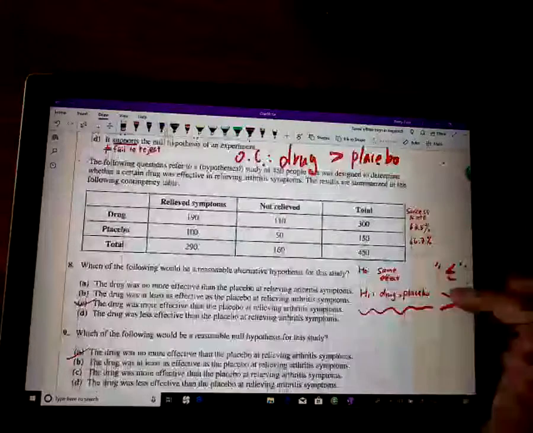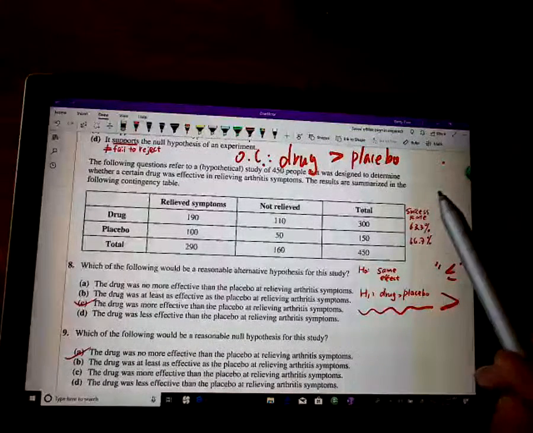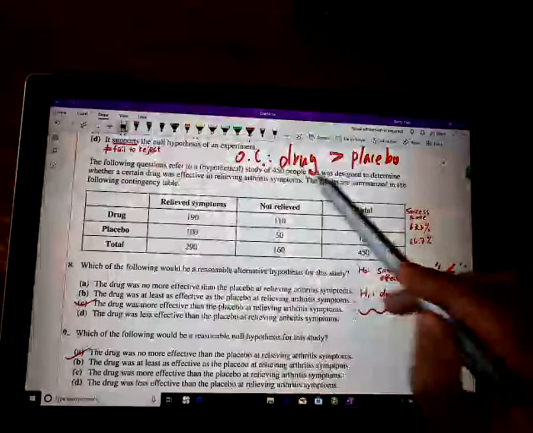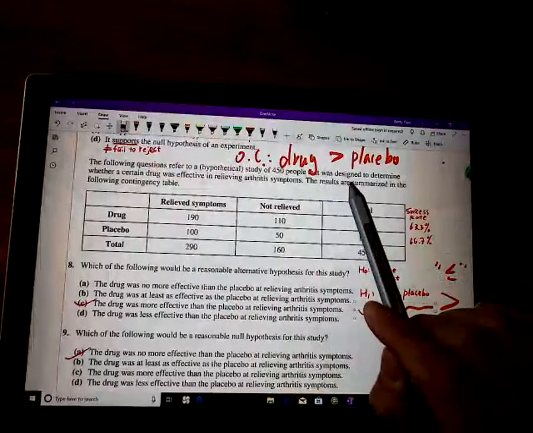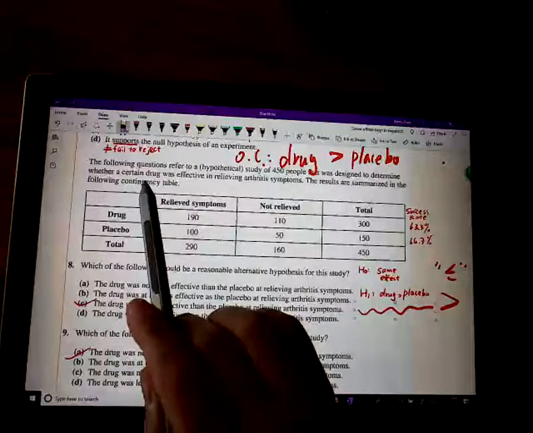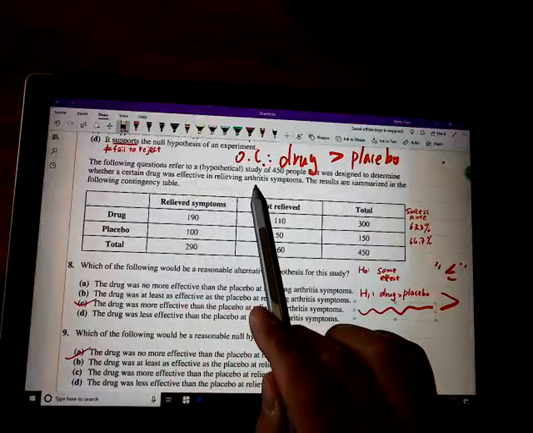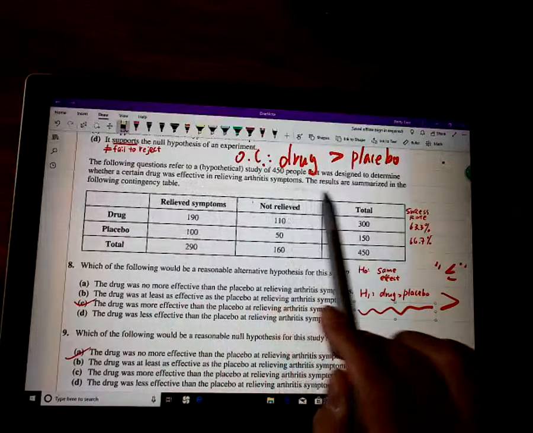All right, last 3. The following questions refer to a hypothetical study of 450 people that was designed to determine whether a certain drug was effective in relieving arthritis symptoms.